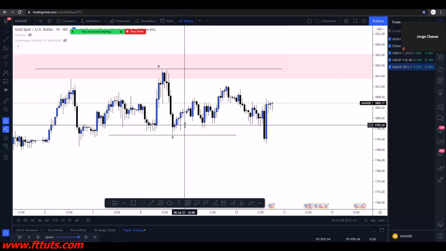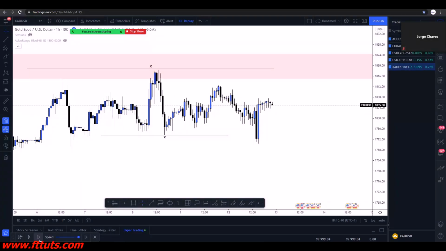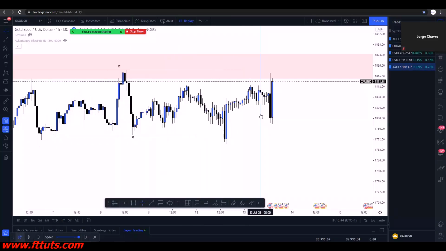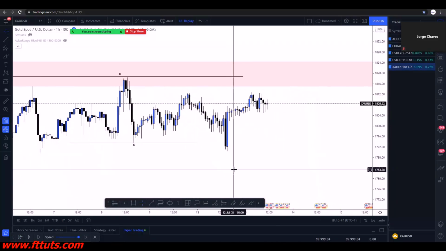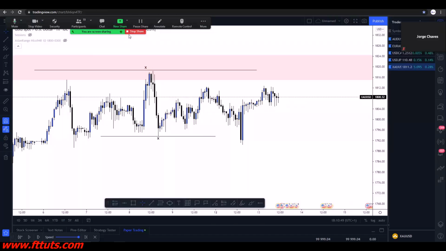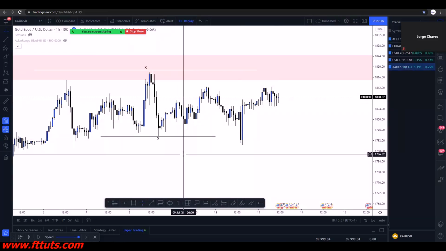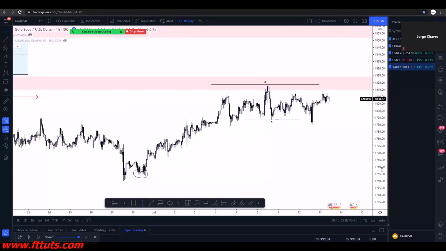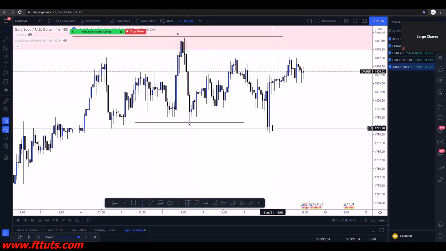And yeah, so then at this point I think price was right over here, perfect, right here. At this point I said, okay, this move down, grab liquidity. I already know the market's making new highs, potentially up to here, so I know the market's going to go up. This move, grab liquidity.